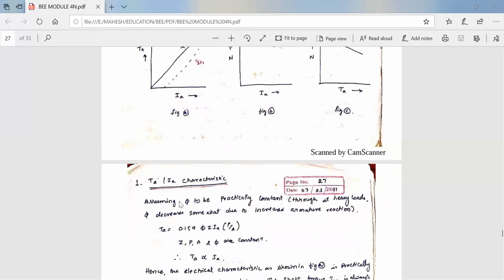While going through the characteristics, we need to remember the back EMF equation and the torque equation.